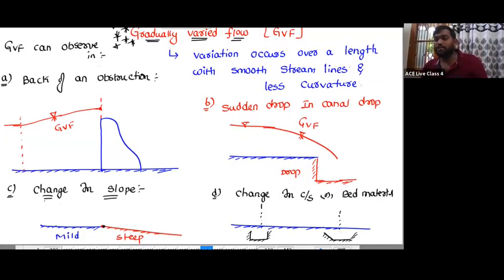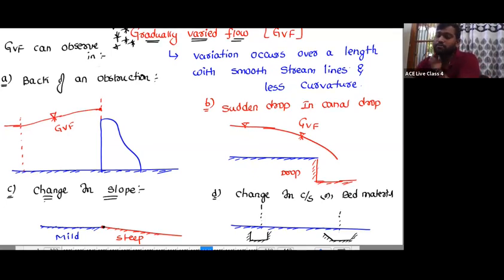A lot of questions have been asked based upon this gradually varied flow. So now, my dear, this gradually varied flow.